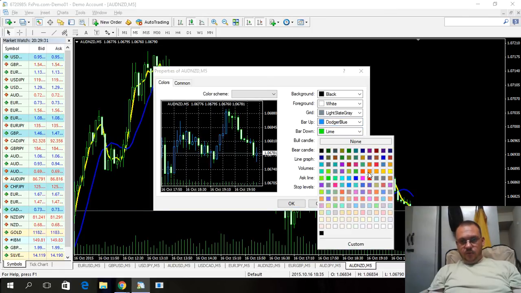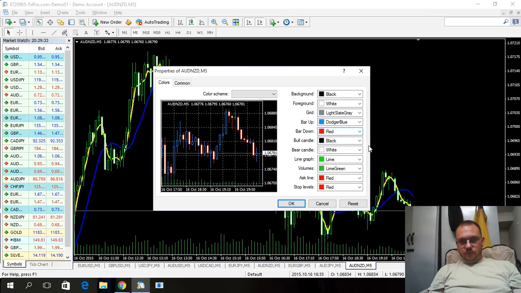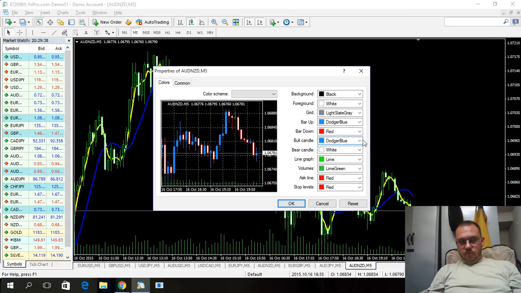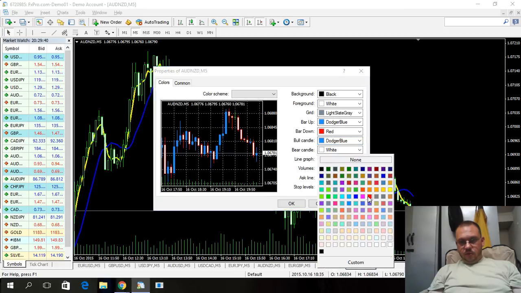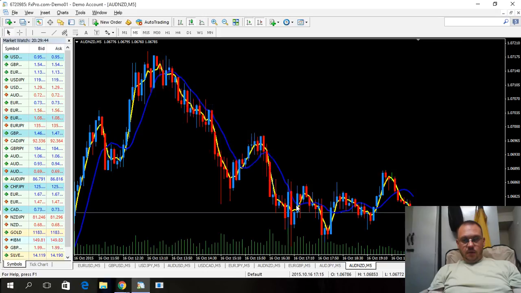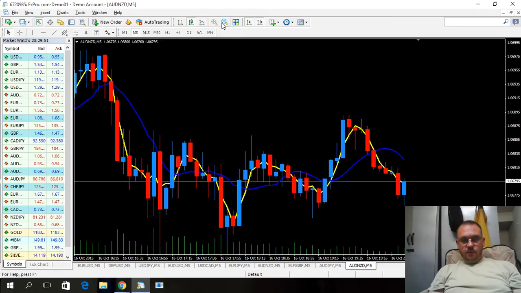You can use whatever you want. This is my personal preference. And bull candle, same thing, Dodger blue, bear candle, red. Okay. Now, let me zoom in a little bit. Zoom out. Okay, this is what I like to see.